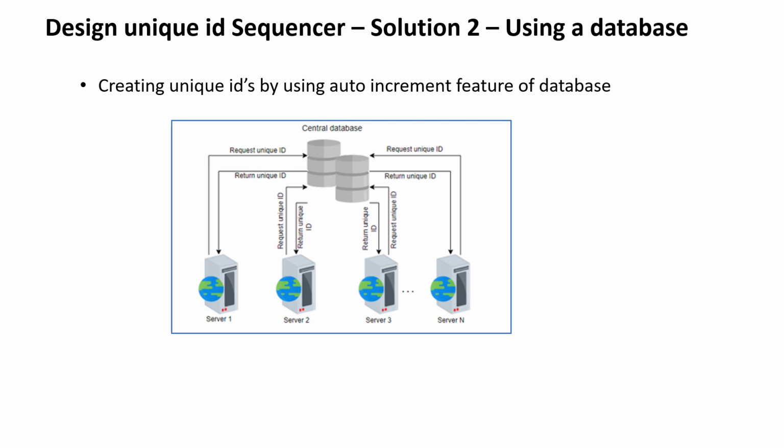Whenever there's a request for any event ID, the servers request the database, please give me a unique ID, and it increments internally and sends it back. It's a very good way of using the database property to get a unique ID for the events.